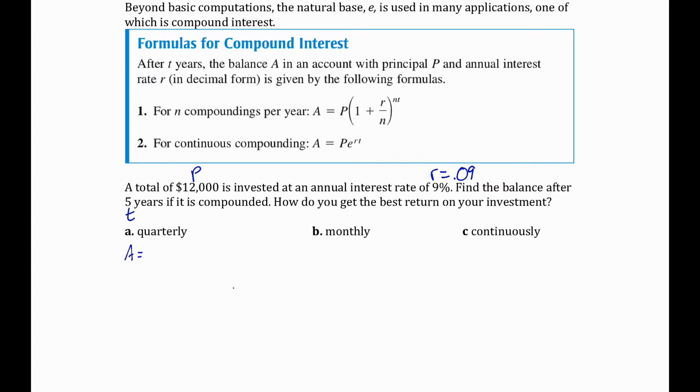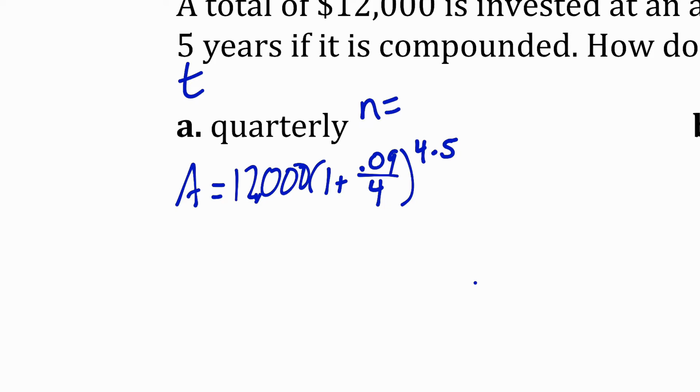We've got A equals P, our principal, 12,000, times 1 plus our rate of 0.09 over 4, since it's compounded 4 times per year, once per quarter, raised to the nt power, so 4 times our total number of years, 5. Again, quarterly, it's as if n equals 4. I kind of glossed over that, my apologies.